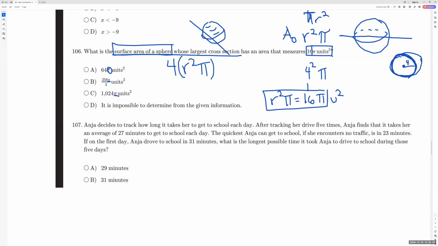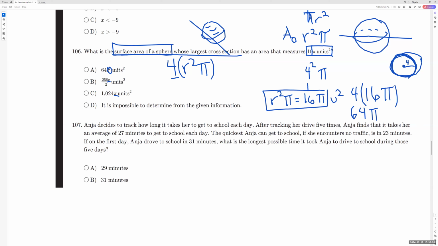So basically what I need to do is, 16 pi is the area of one circle. The surface area is equal to 4 areas. So 4 times 16 pi is 64 pi, right?